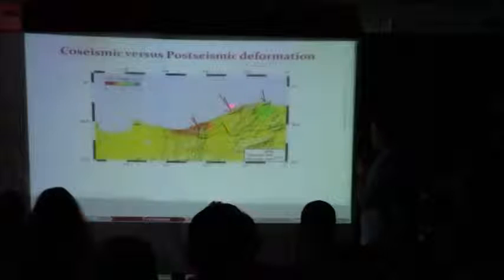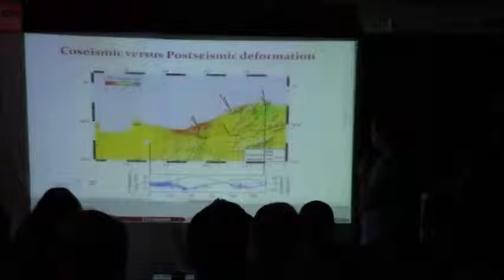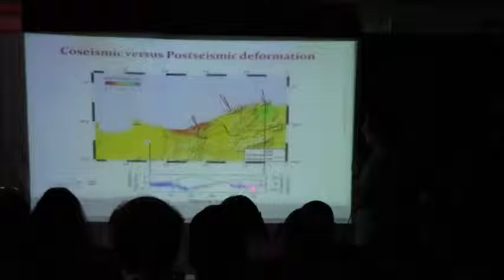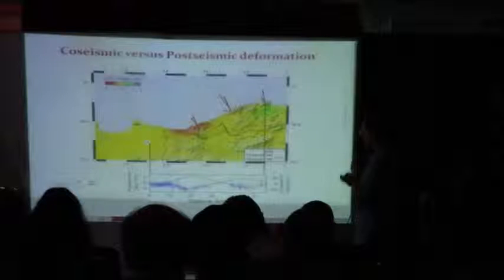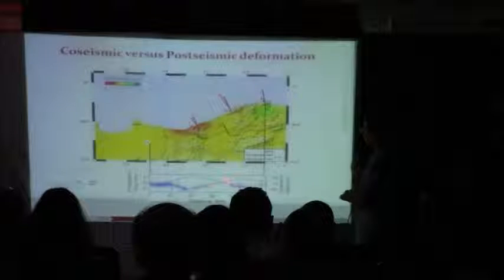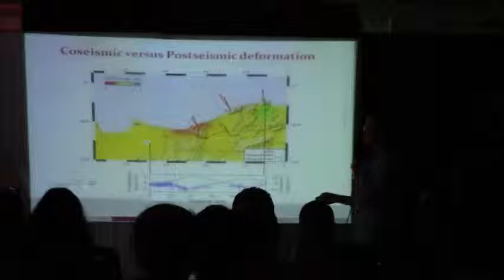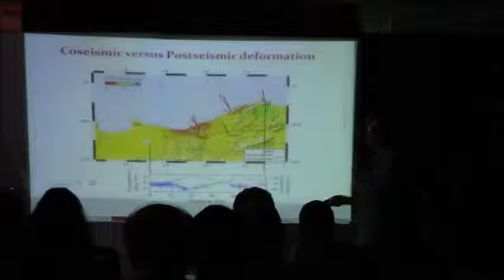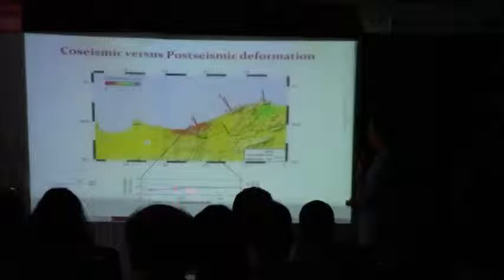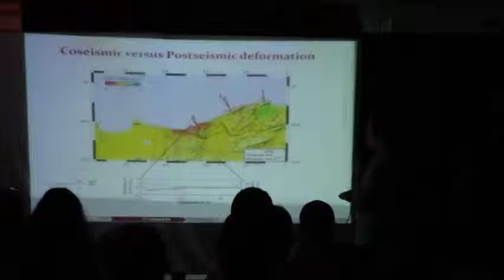We obtained two distinct subsidence regions here. If we look at the fault-parallel profiles, the blue dots are the data and the red line is the model, so they are consistent, and the green line shows the coseismic surface displacement, which is the opposite sense of the post-seismic, and this is what we were expecting from a shallow afterslip motion. And we see the same behavior in the fault-perpendicular profile.